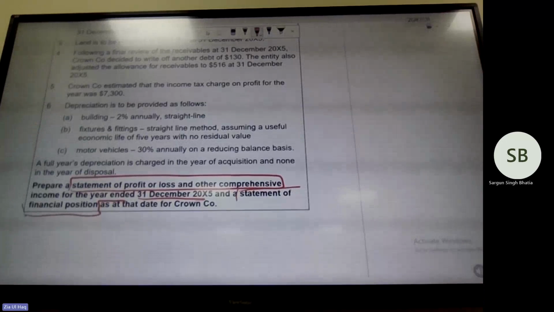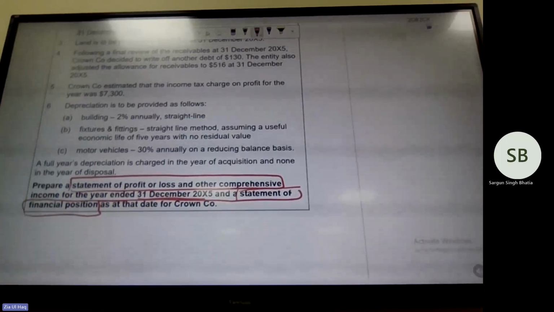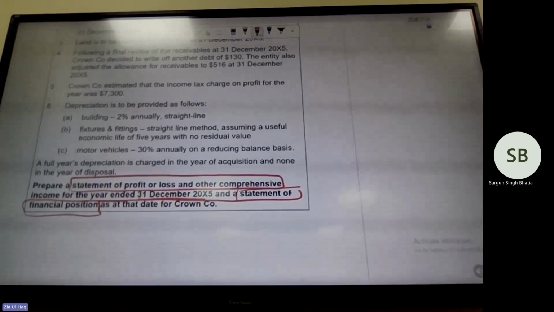Meaning we need to prepare the balance sheet and the profit and loss and other comprehensive income. So two things we need to prepare: the statement of profit and loss and other comprehensive income, and the statement of financial position, meaning balance sheet.